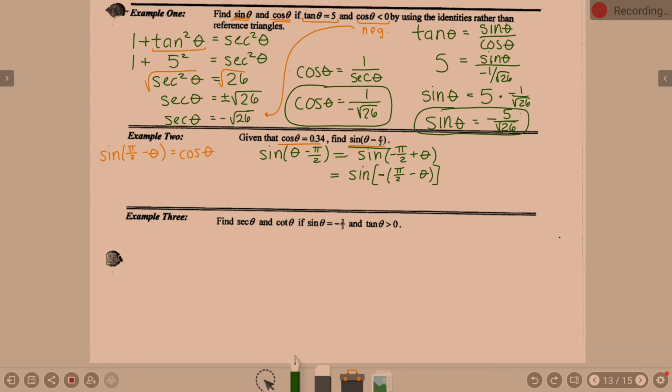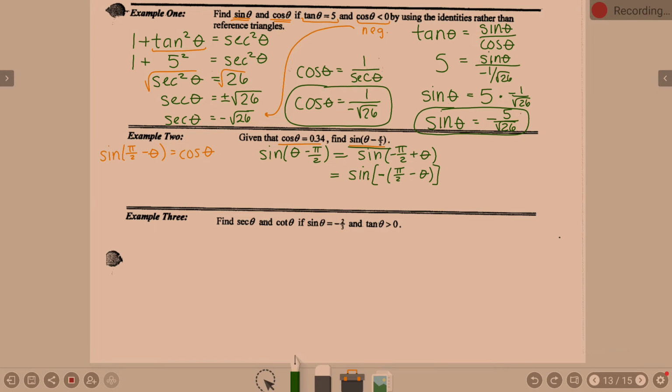I know, it looks weird, and maybe the baby steps make it more confusing, but here's the deal. We have sine of a negative quantity. Officially, because I know some of you are like, oh, Mrs. Sargent, why did you just put that negative out front? Well, it depends on which function we're talking about.